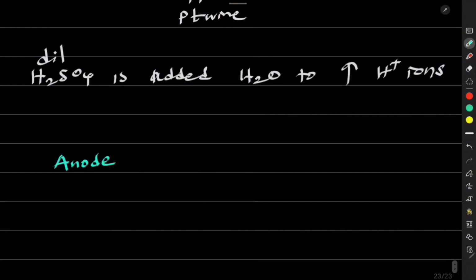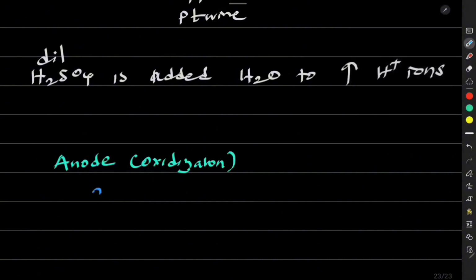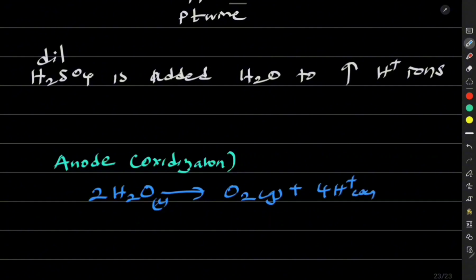At the anode, oxidation occurs. Let's look at the oxidation reaction: 2H2O liquid forms O2 gas plus 4H+ aqueous and 4 electrons.